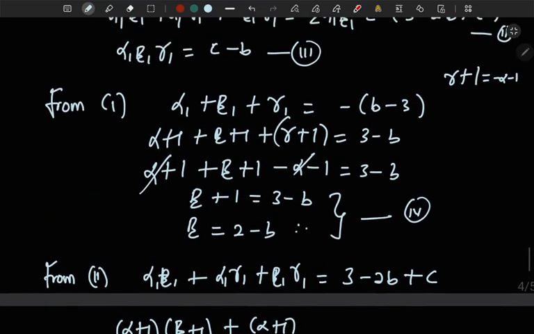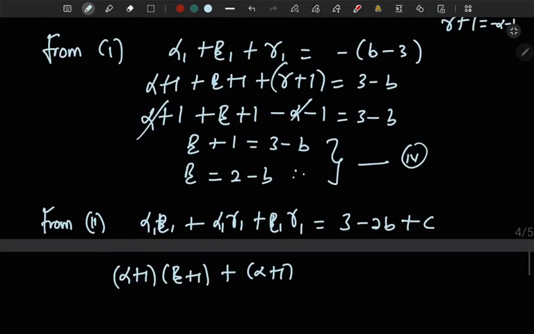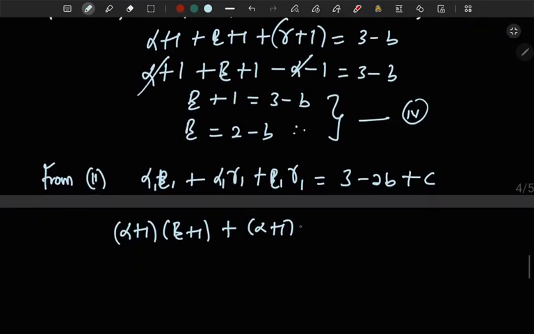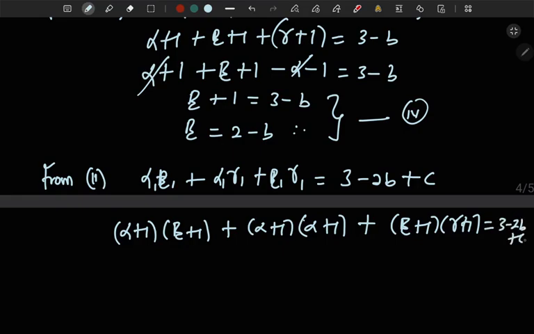And remember again, anywhere you see gamma plus 1, you put minus alpha minus 1. But before then, gamma 1 is the same thing as gamma plus 1, then beta plus 1 and gamma plus 1 equals 3 minus 2b plus c.